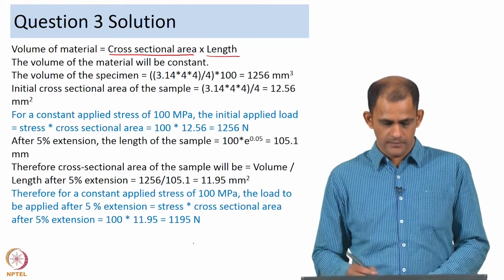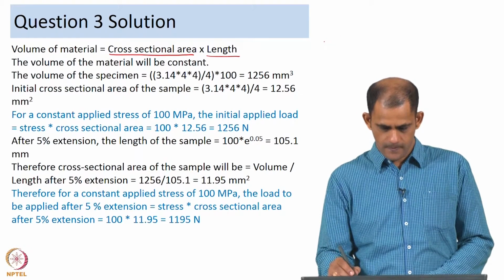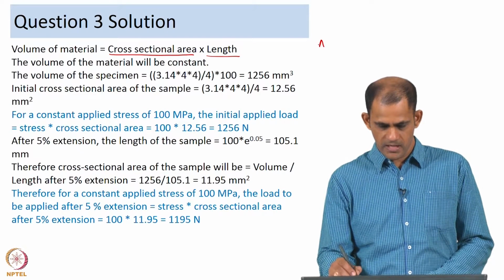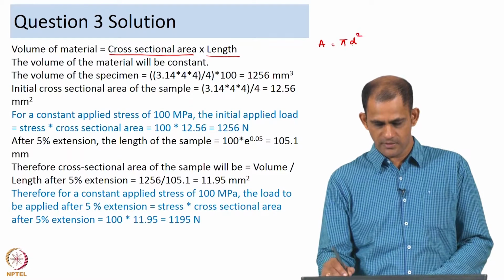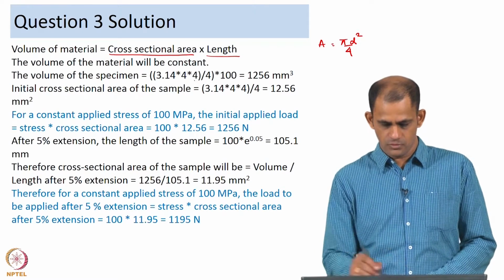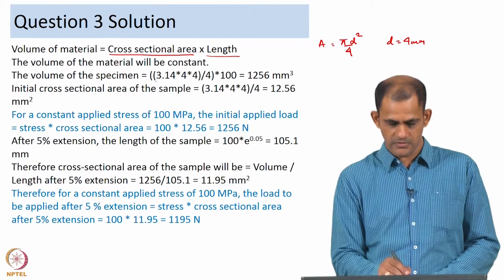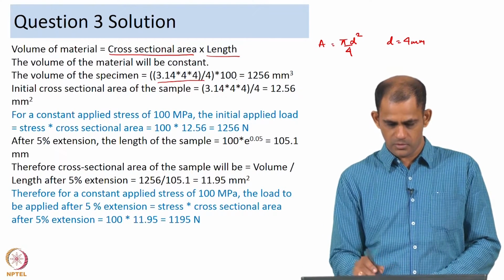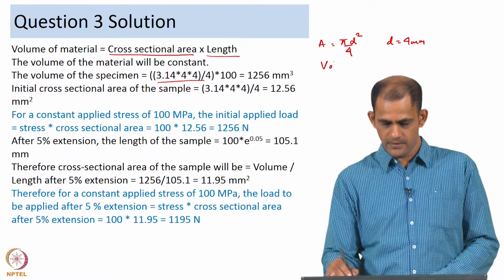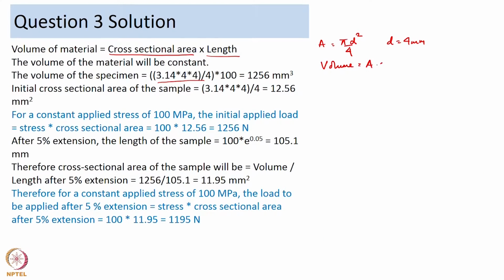Here the cross sectional area A is equal to pi d square by 4, with d equal to 4 mm. The volume will be A into L, that is pi d square by 4 into gauge length L, so essentially you get 1256 millimeter cube.